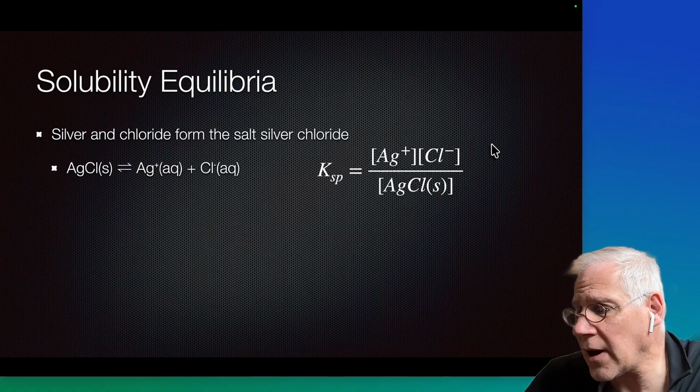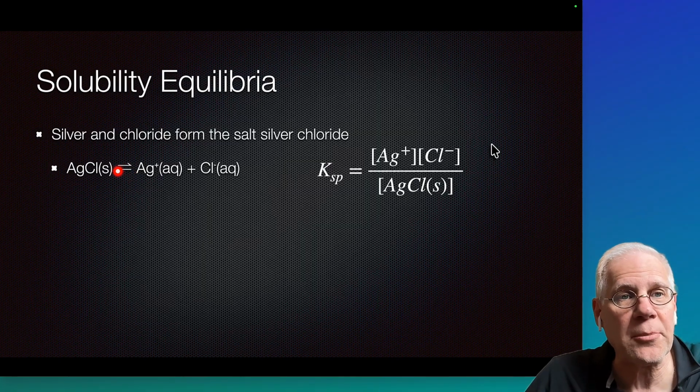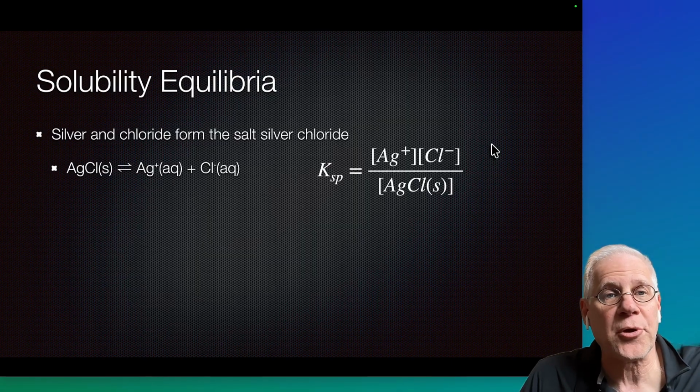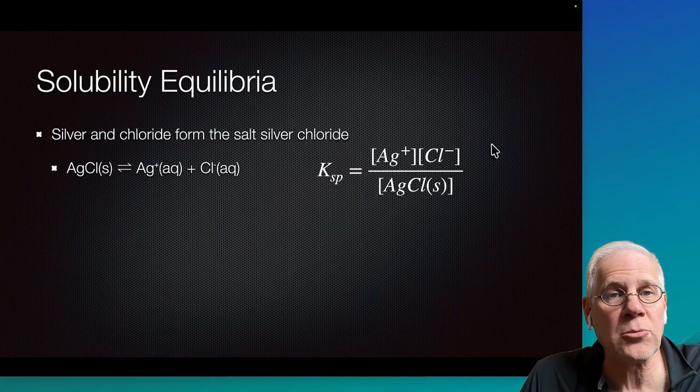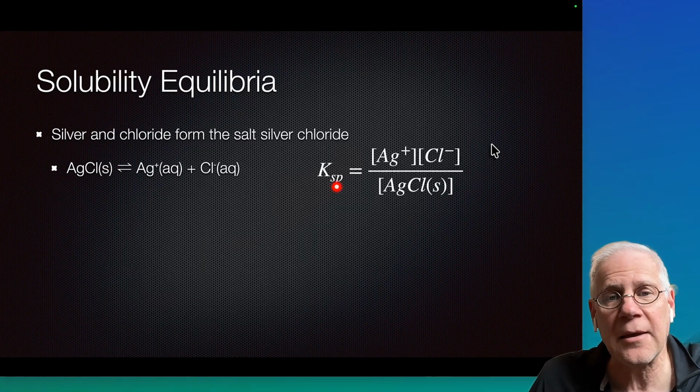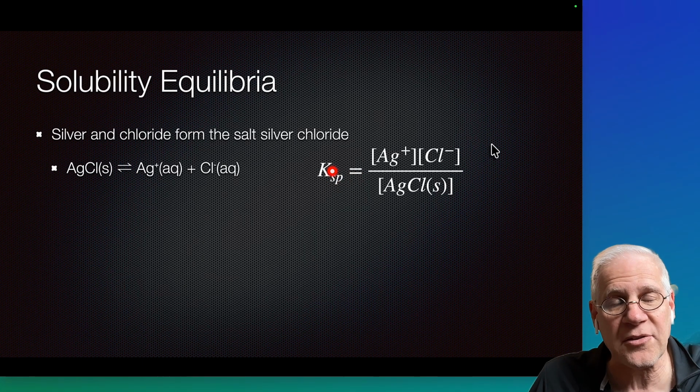Now notice that we do have set up an equilibrium here. So this is an equilibrium reaction. Because it's an equilibrium reaction, we can set up an equilibrium expression. So we have an equilibrium expression here, Ksp, we'll talk about the Sp in just a moment, is equal to, because it's an equilibrium, it's still products over reactants.